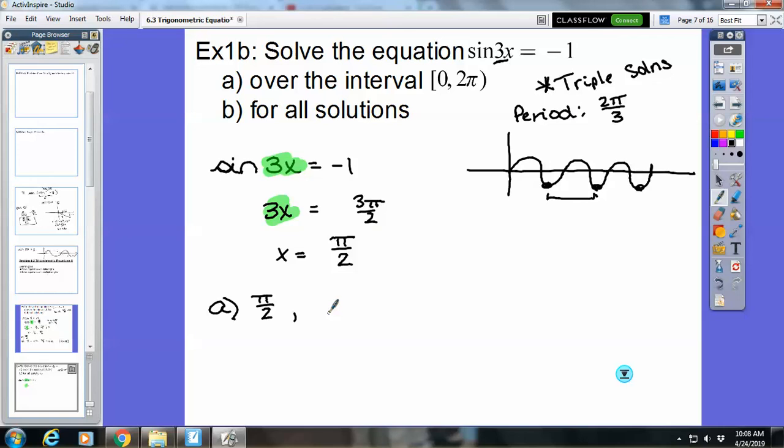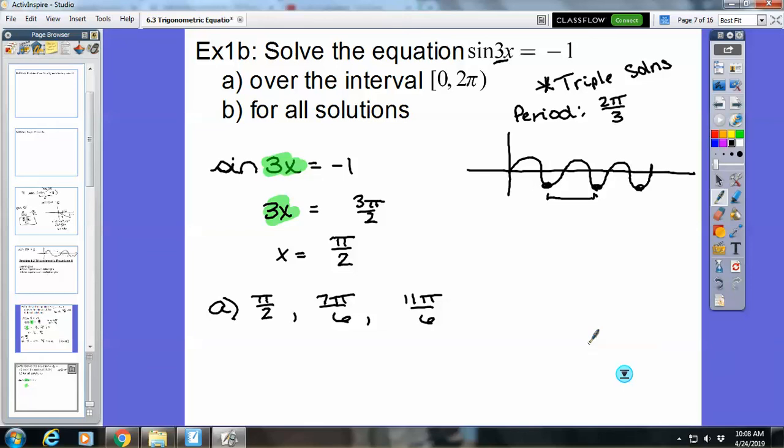So if you do that, you could, if you need to use your calculator, do 1/2 plus 2/3. What do you get? 7 pi over 6, and we need 1 more. So take 7 pi over 6 plus 2 pi over 3, 11 pi over 6.